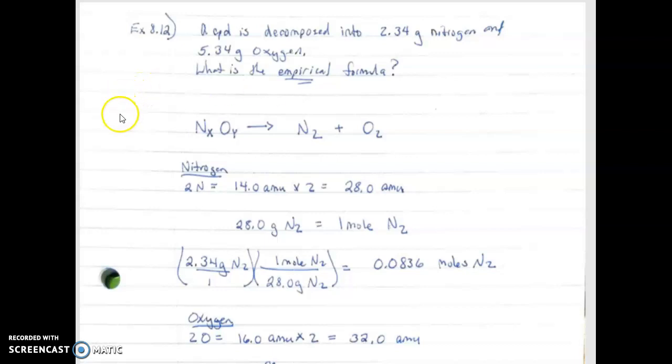We know that there is some compound that is formed by the bonding of nitrogen with oxygen, some unknown compound. And the reason we put the subscript x and the subscript y is because we don't know how many atoms of nitrogen there are per number of oxygen in this relationship. So that's what we're looking for: the relationship between nitrogen and oxygen in the original compound.